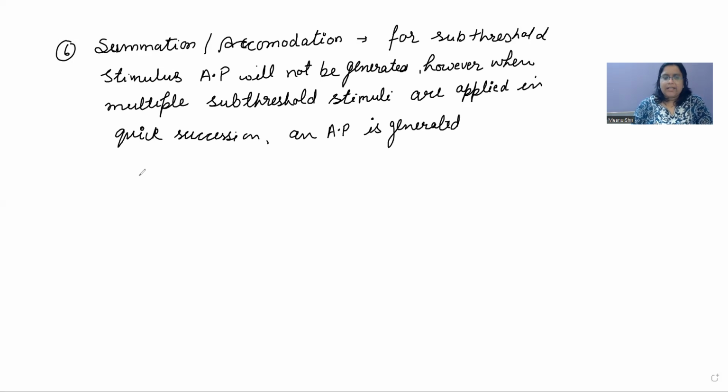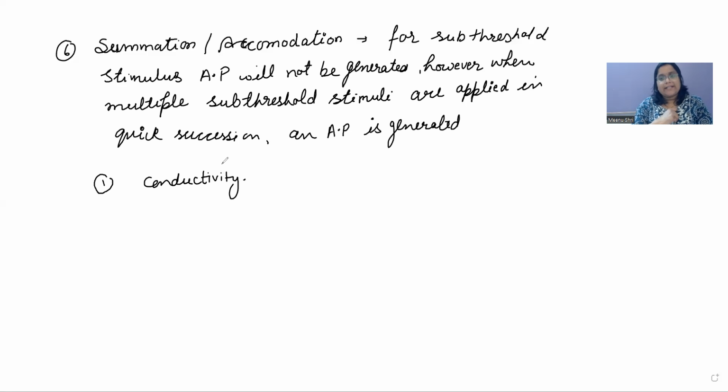I will summarize. The properties of the nerve fiber: first, conductivity. Conductivity means the electrical impulses generated in the nerve fibers are propagated along the entire length and to other neurons, muscles, and glands via synaptic connections.